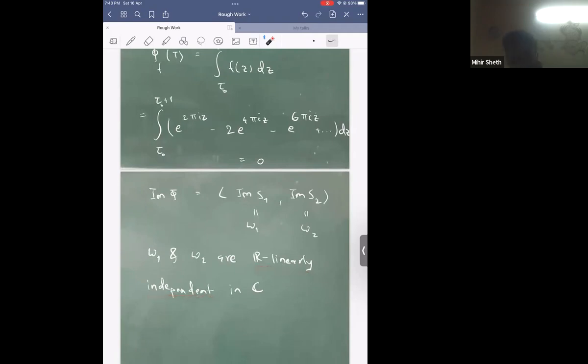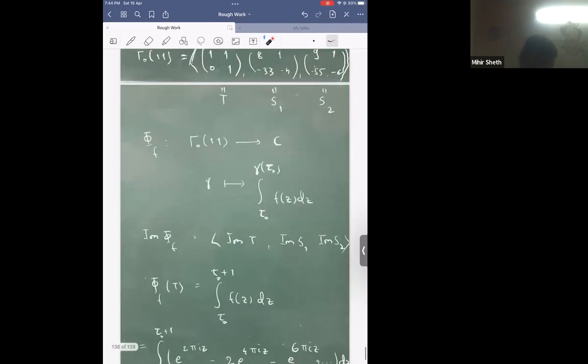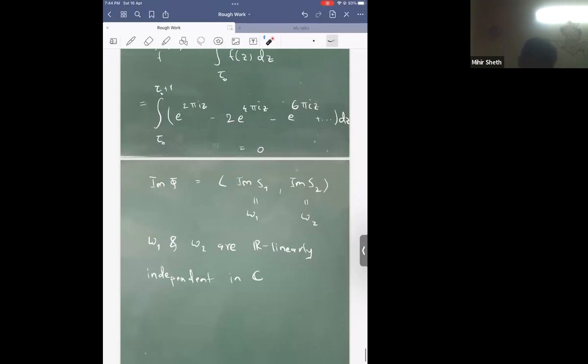If you have this book, on page 305 they just write that these are independent over R, and therefore define a lattice. So let's assume that these are linearly independent and they define a lattice.